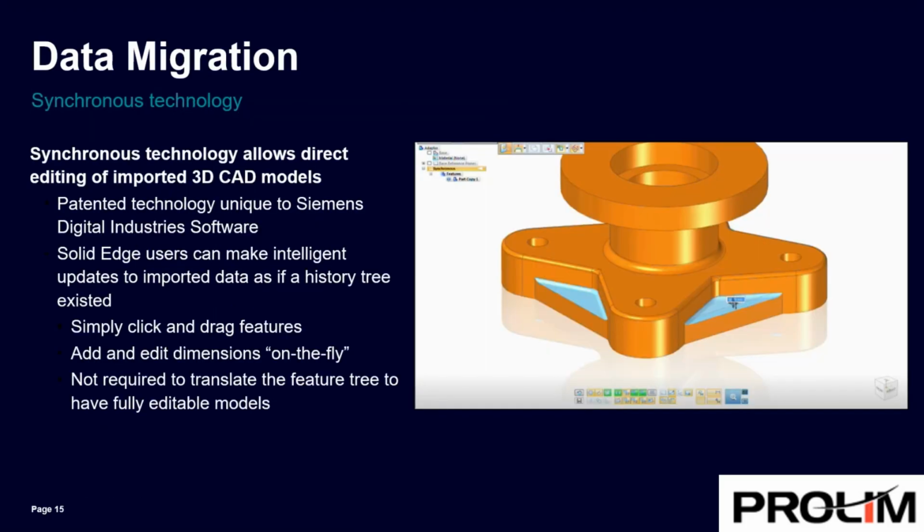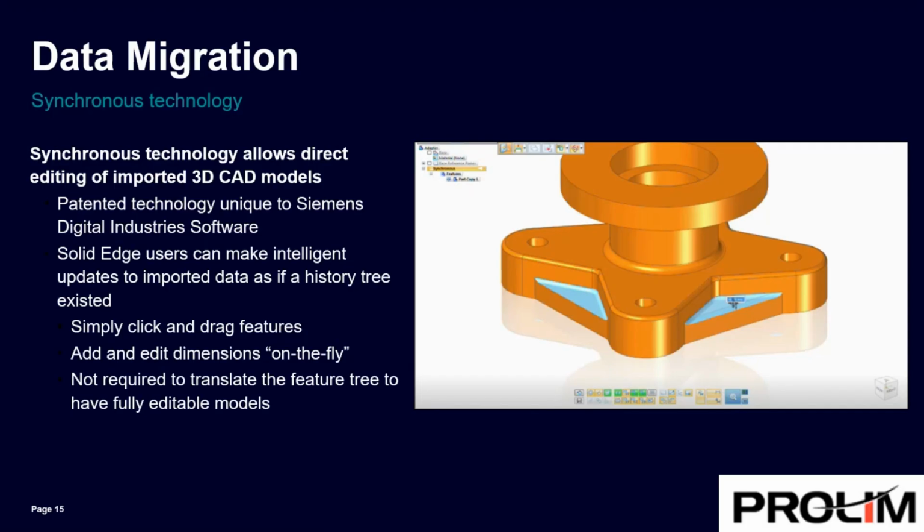As I mentioned before, synchronous technology allows us to directly edit the imported 3D CAD model. This patented technology is unique to Siemens Digital Industries Software, so it's only in Solid Edge and NX. Even though others have access to the Parasolid kernel, no one else has synchronous technology. Solid Edge users can make intelligent updates to imported data as if the history tree existed.